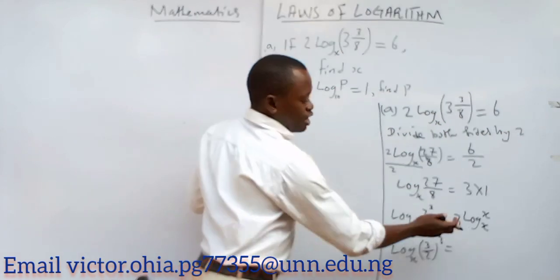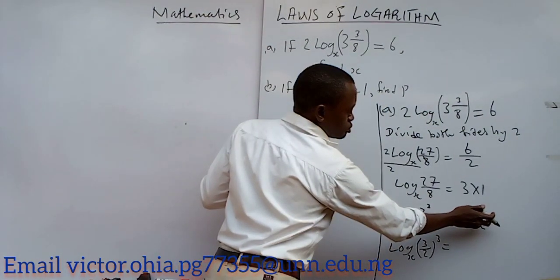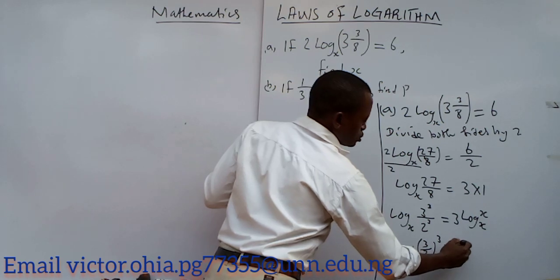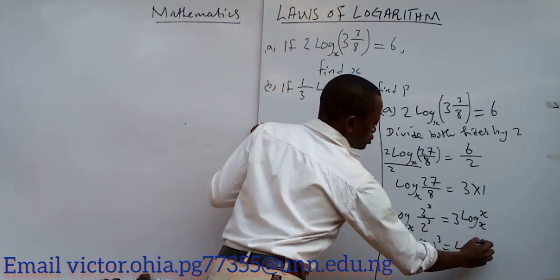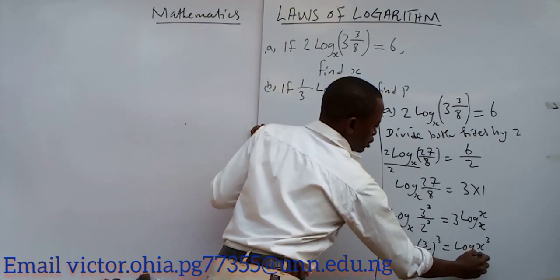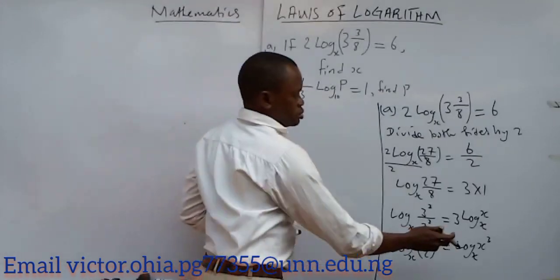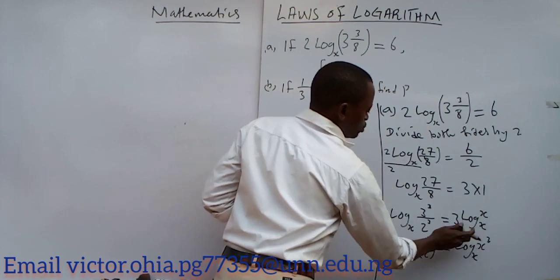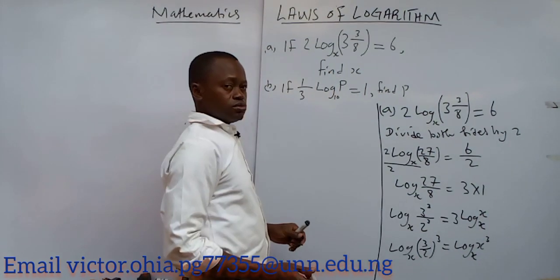So if I have here 3 log x, I can rewrite it as log x raised to power 3, in base x, because this power can take a product of the logarithm of the number.